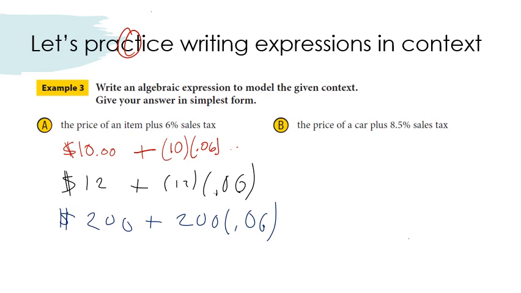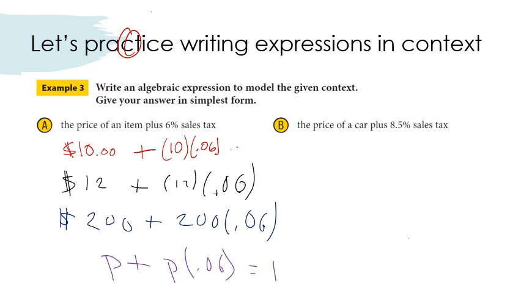Is there a way we could represent this using variables, one variable expression? Well, let's say P is the price of the original item. Then when you want to find the 6%, you're going to take that P times 0.06.